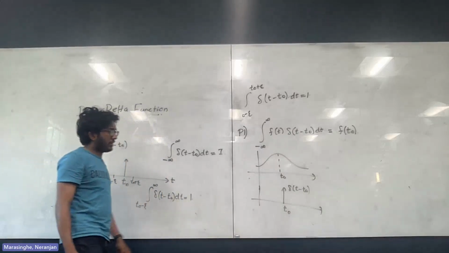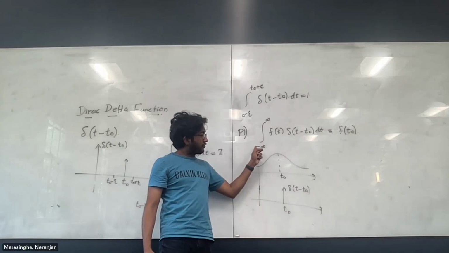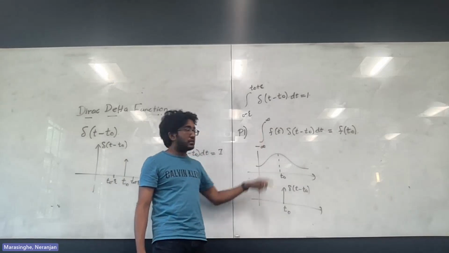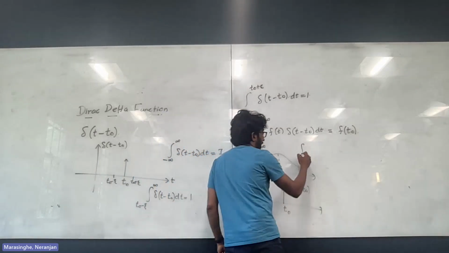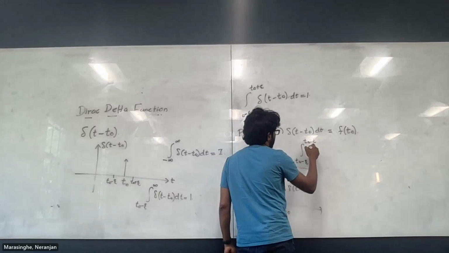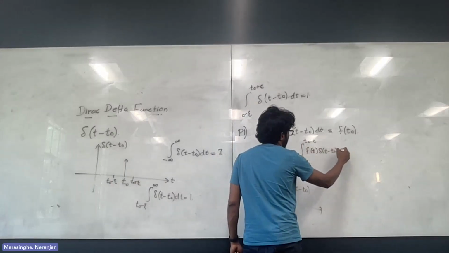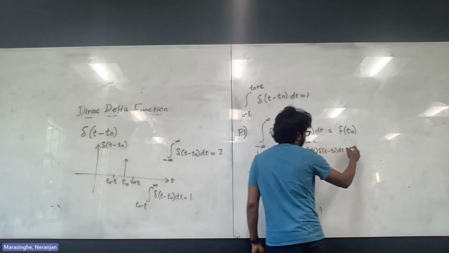So this is also important. In this case also, you do not need to integrate from minus infinity to infinity. Suppose you integrate this product from t naught minus epsilon to t naught plus epsilon. Again, you would get f(t naught).